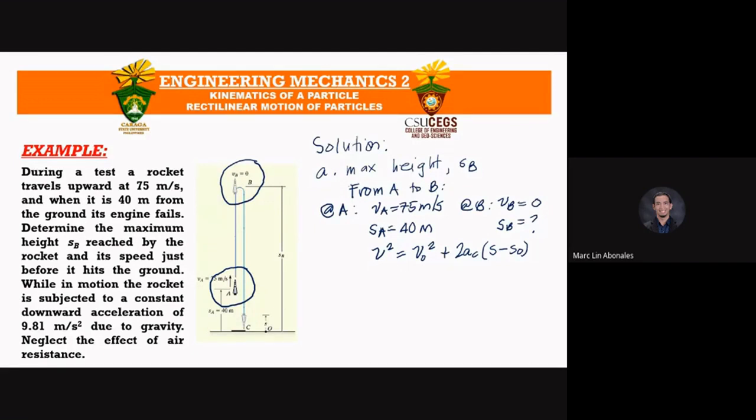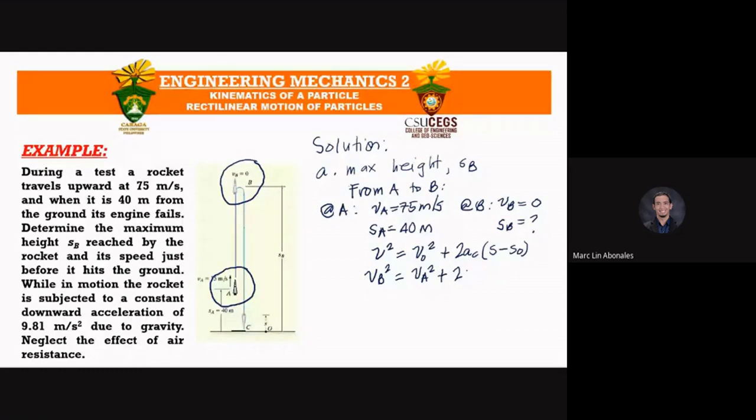So the v here would be VB squared because that is the final velocity. The initial velocity is VA squared. Then 2 times a_c, the constant acceleration, which is gravity, so that is g.